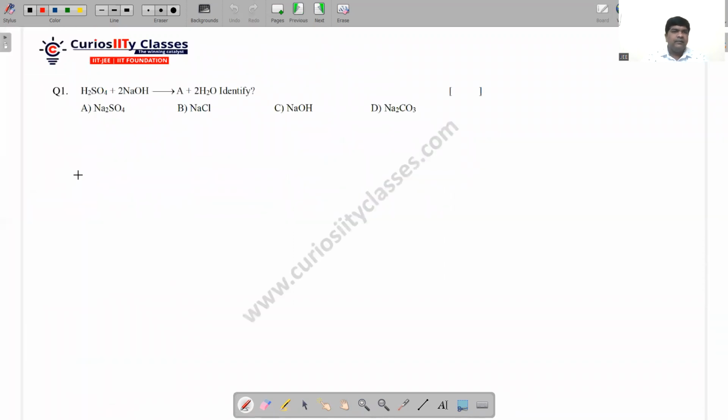In this question number 1, H2SO4, sulfuric acid, reacts with sodium hydroxide, NaOH, to form Na2SO4, sodium sulfate, and water.